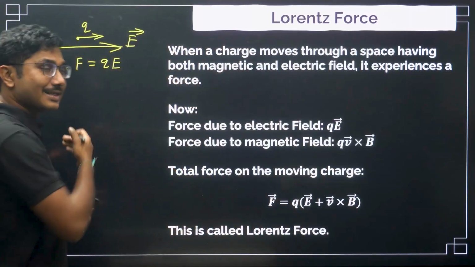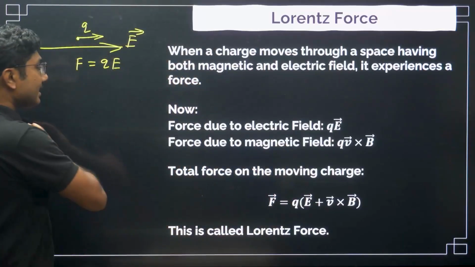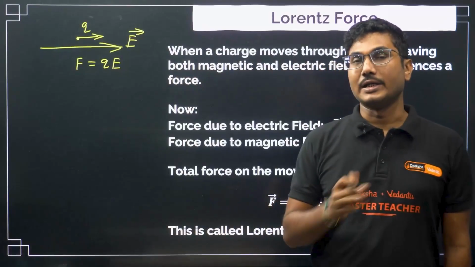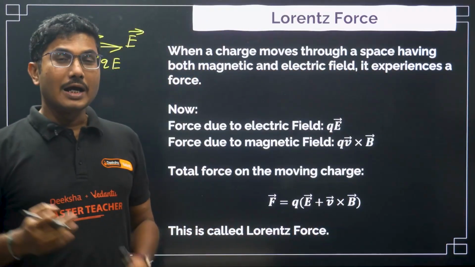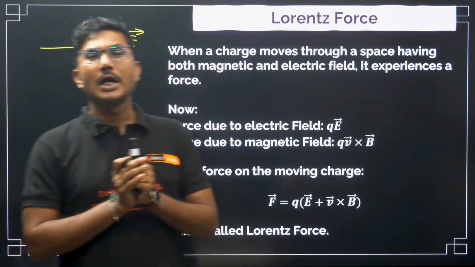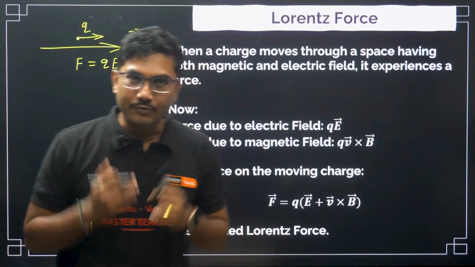Now if the charge is static, no magnetic force will act on a charged particle. Just remember this, it is a very important point: static charges do not experience magnetic force.